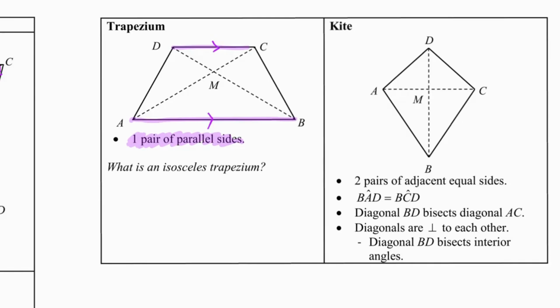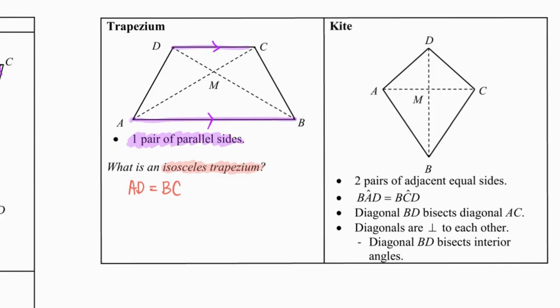And what is an isosceles trapezium then? If it is an isosceles trapezium, then the side AD is equal to BC. Okay.